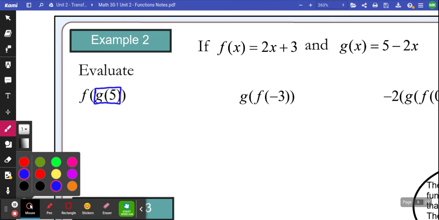You could do that as a separate calculation. g of 5 equals the function 5 minus 2x, but it'd be 5 minus 2 times 5. Take g of x, change x to be 5. g of 5 equals negative 5.